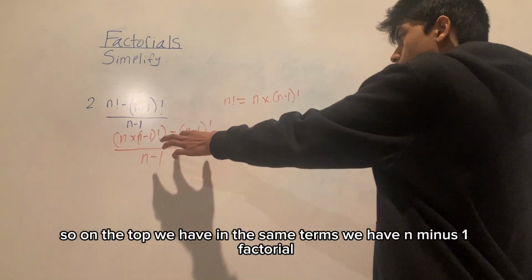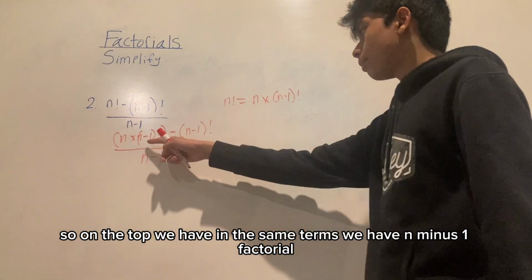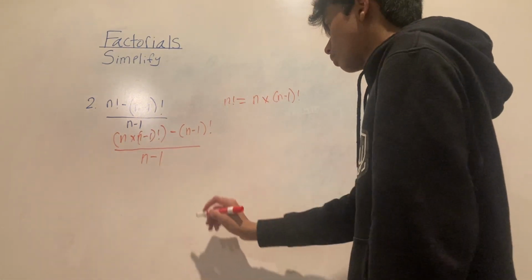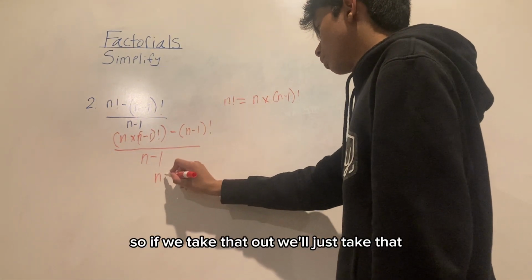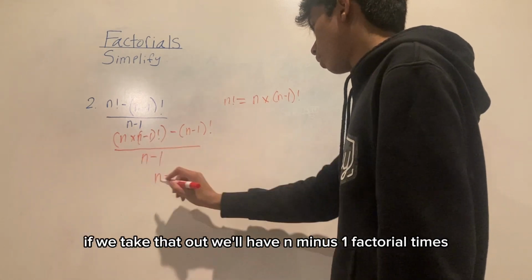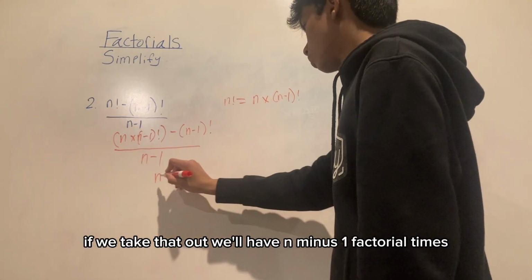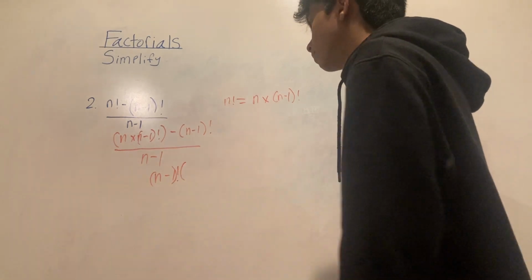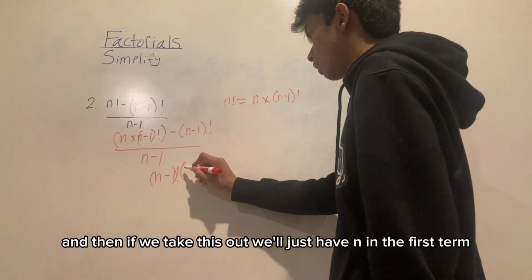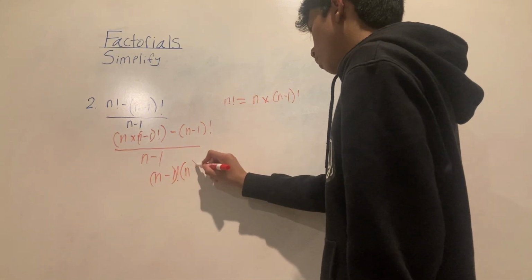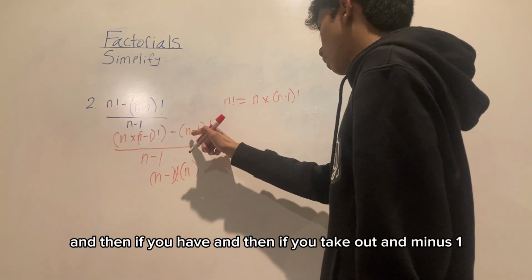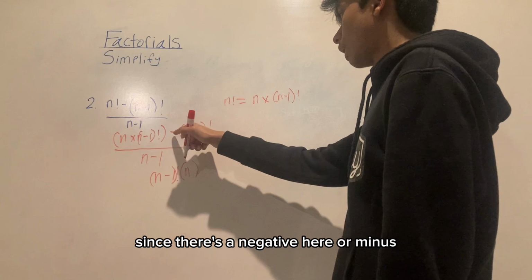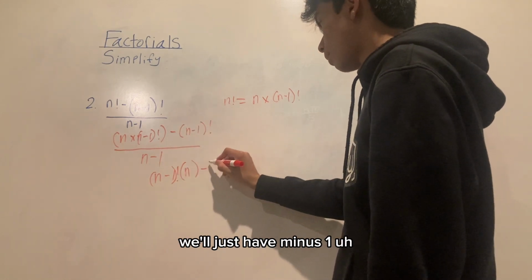So on the top we have, in the same terms, n minus 1 factorial. So if we take that out, we'll have n minus 1 factorial times, and then if you take this out, we'll just have n in the first term. And then if you take out n minus 1, since there's a minus here, we'll just have minus 1.